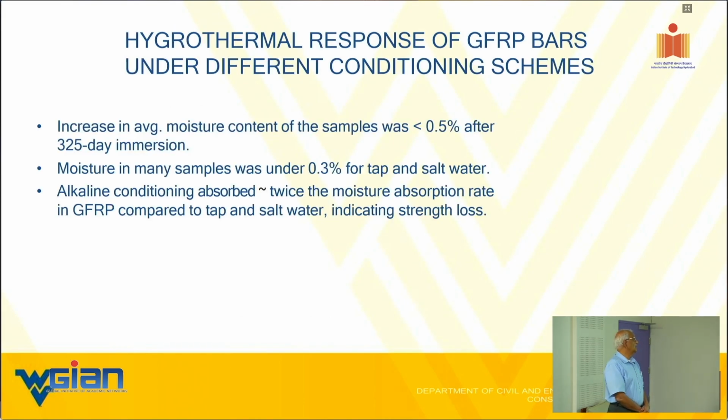So what we are saying is the hygrothermal response of GFRP under different conditioning schemes is increase in moisture is less than 0.5% over a year. Moisture in many samples was under 0.3%. Wonderful.